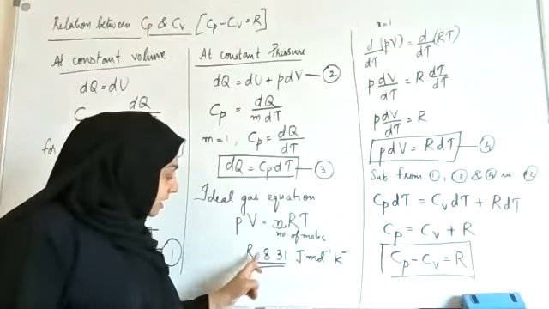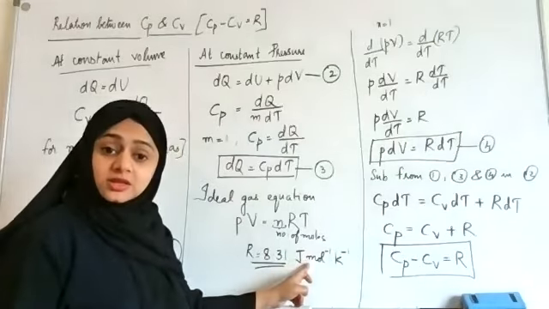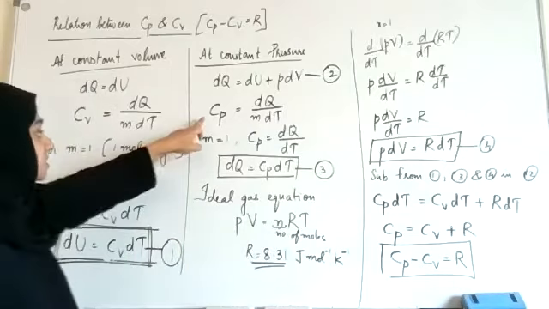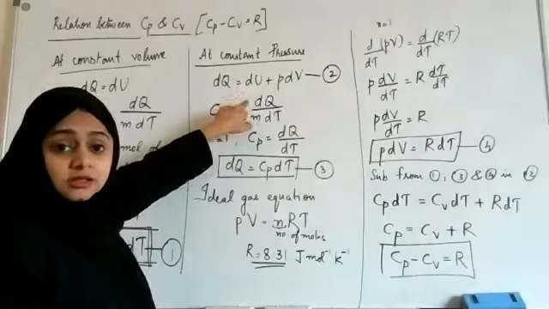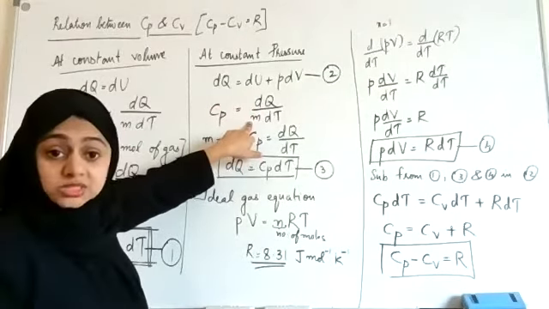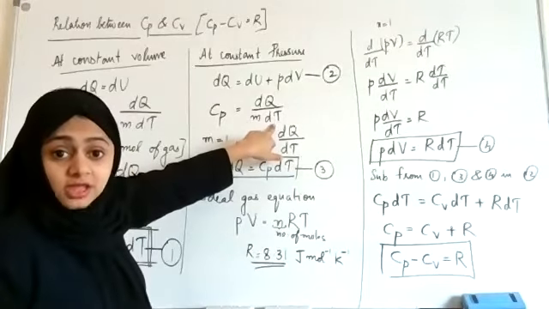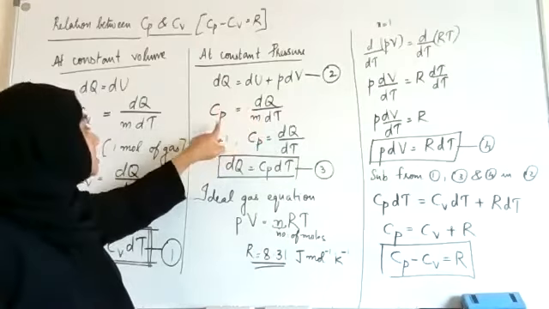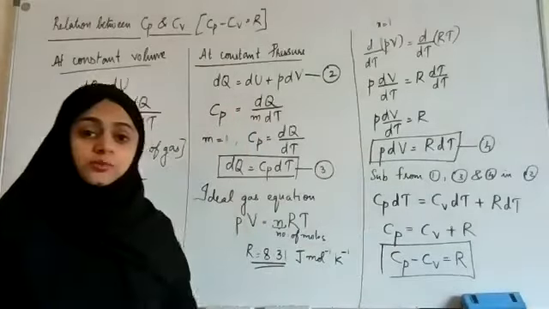Look at R, it has the same unit as that for molar specific heat capacity, joule per mole per Kelvin. Molar specific heat capacity has heat energy in joules divided by number of moles and change in temperature, Kelvin. So this has the same unit as Cp and Cv. So I hope this is clear to you.